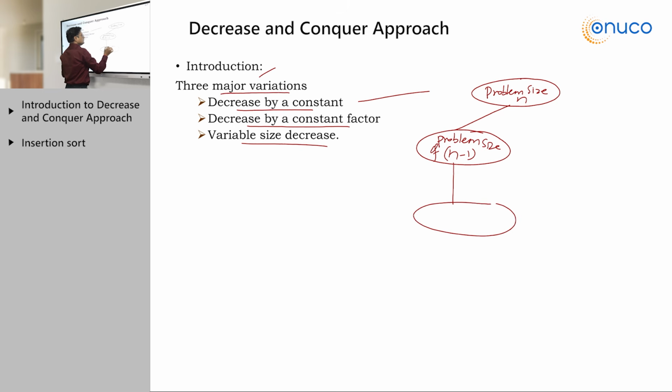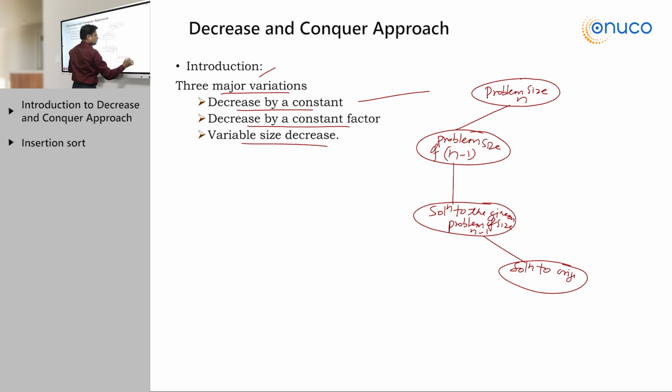And we are going to find the solution to the given problem of size n minus 1, and from it the solution to the original problem. So this is decrease by constant.